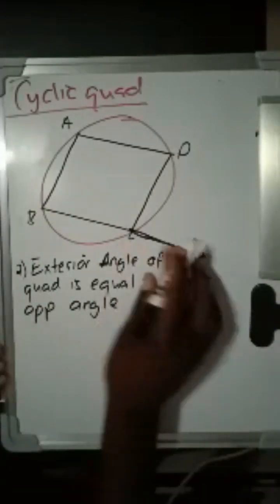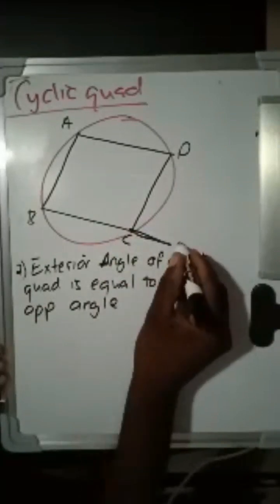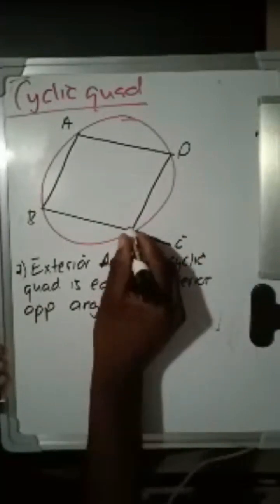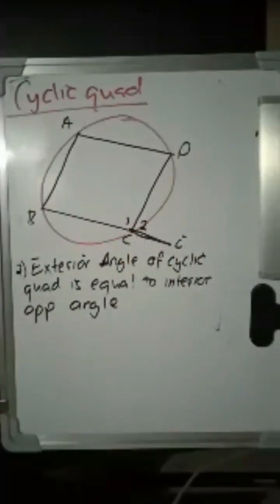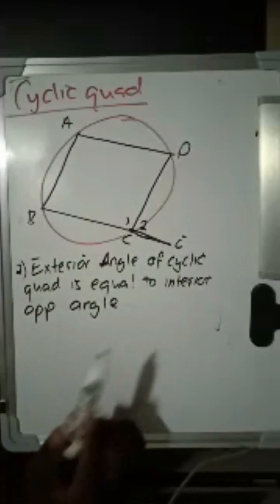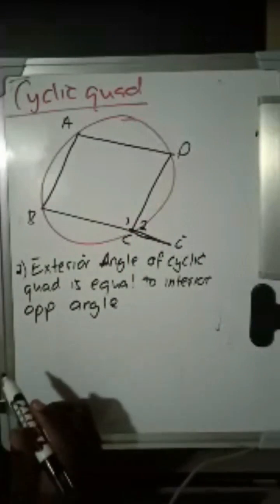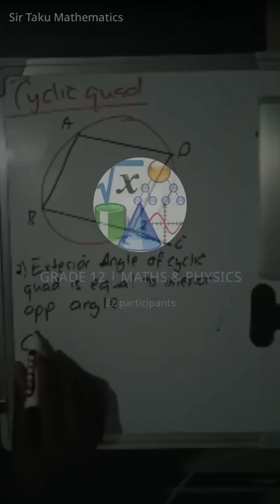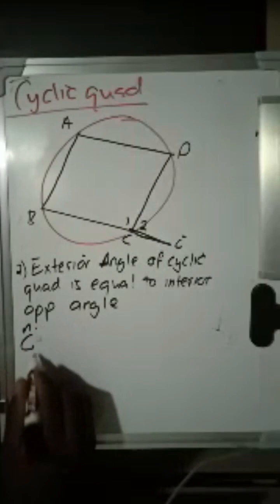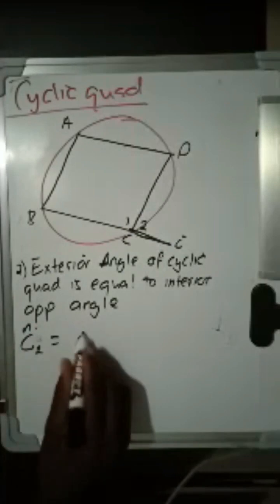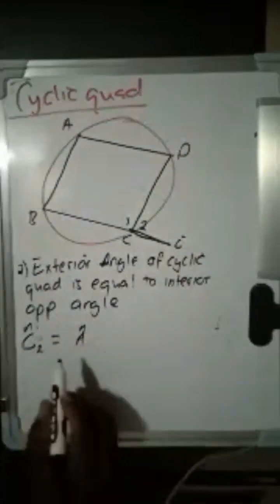If I extend this one such that we have C1 and C2, we check that C2 is outside, so that is an exterior angle. It means angle C2 is equal to angle A, because the opposite of C is A. So the interior opposite.